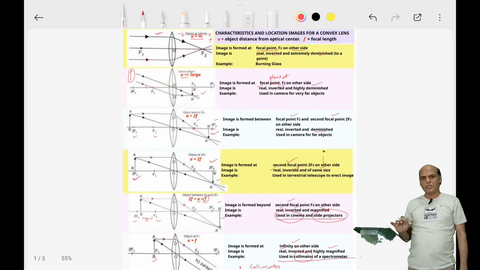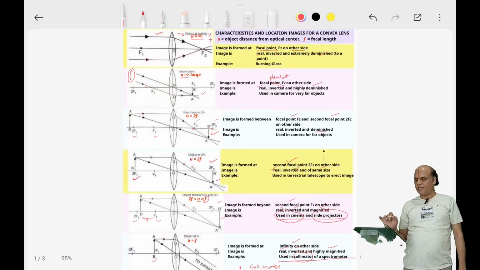when an object is placed at infinite distance, a real, inverted, extremely diminished image is formed on the other side of the lens at the focal point. When the object is placed at a very large distance, that is, the incident rays are parallel but oblique to the principal axis, then the image is formed on the focal plane.